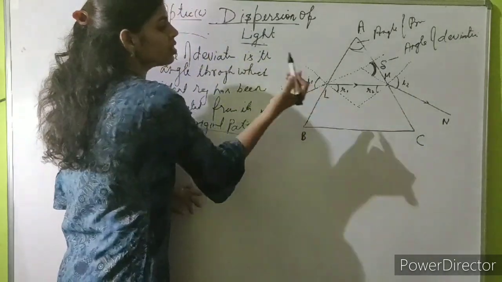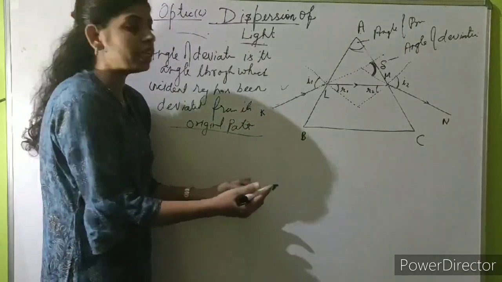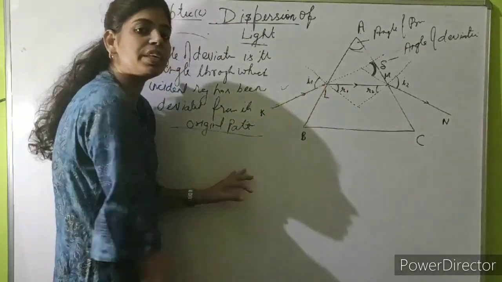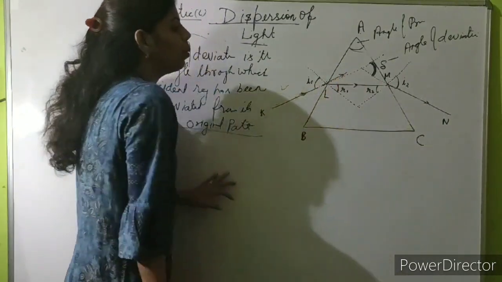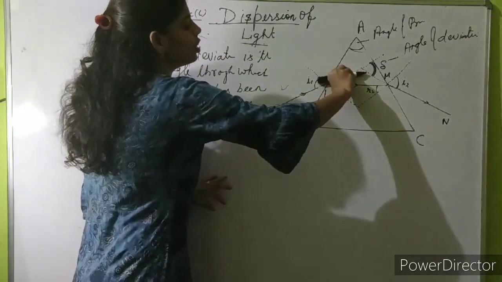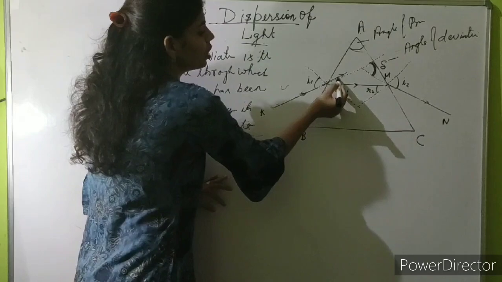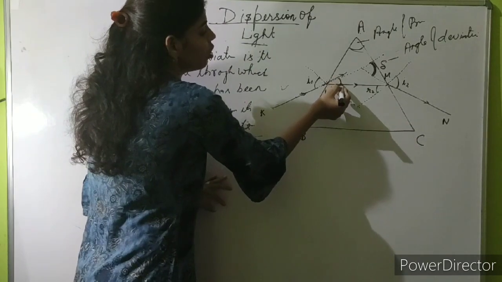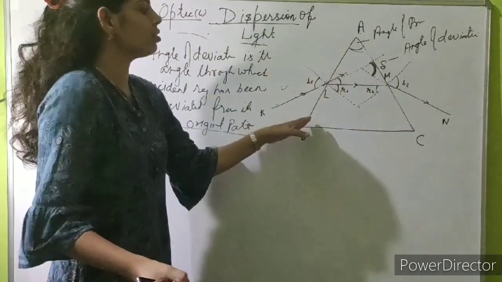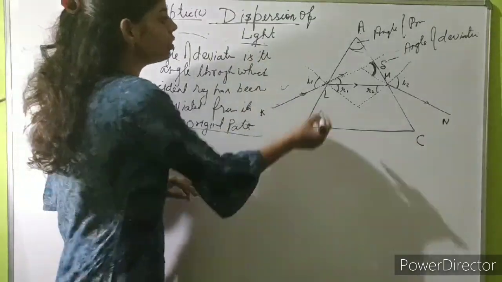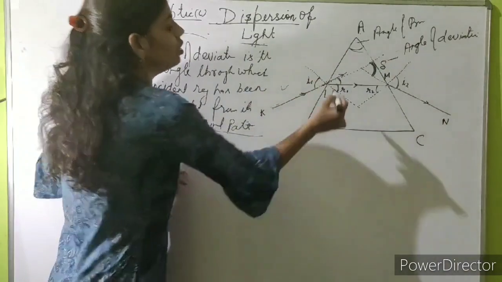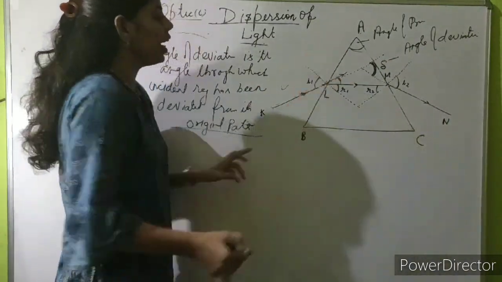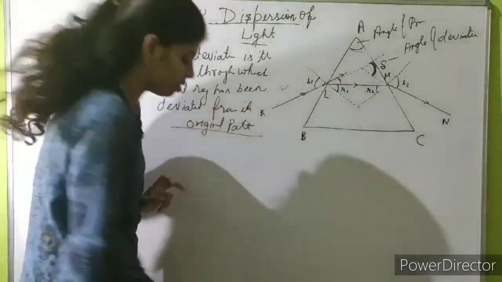At the first refraction, how much has your incident ray been deviated? This ray should go like this, but it has deviated through an angle. This much angle is the angle of deviation at the first surface.